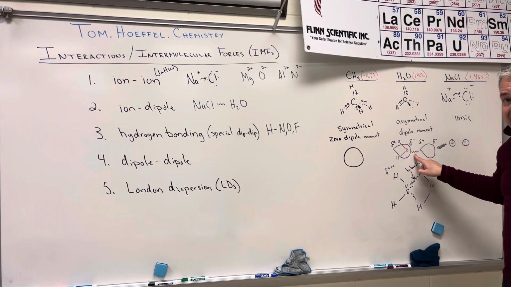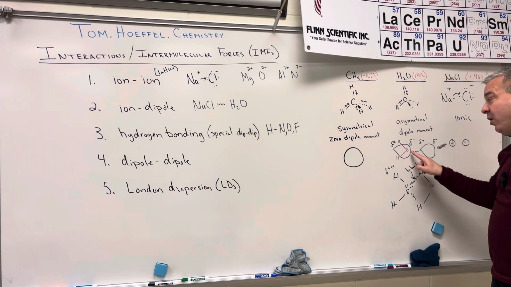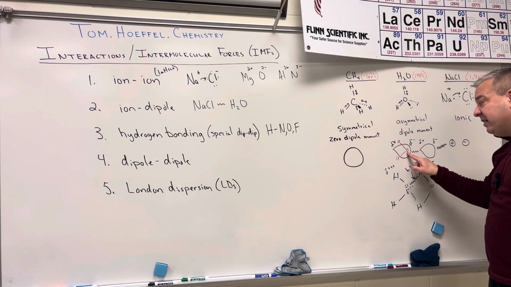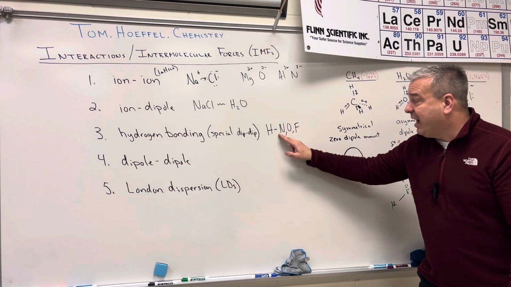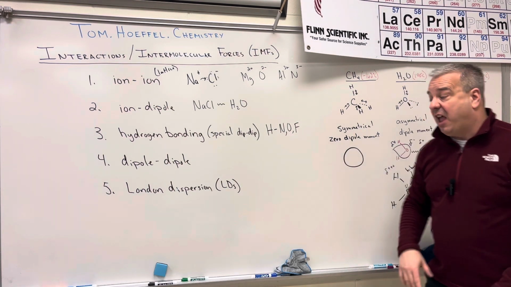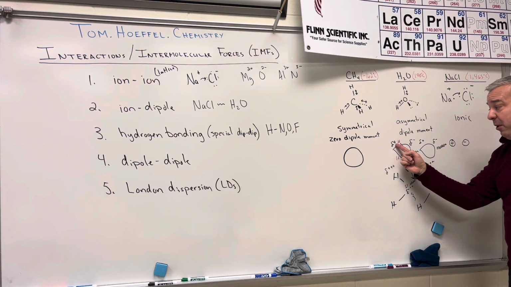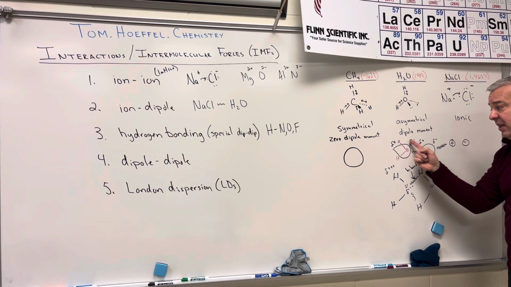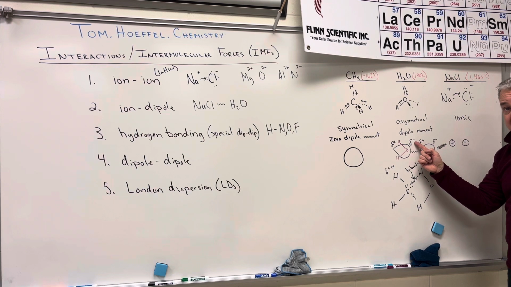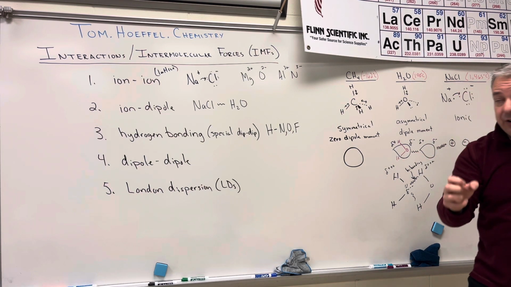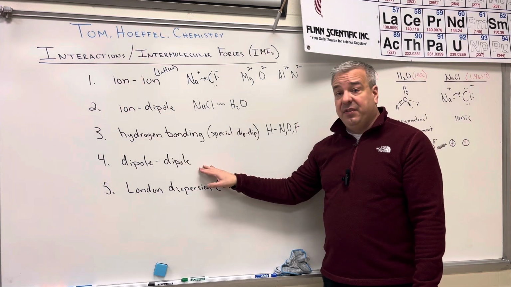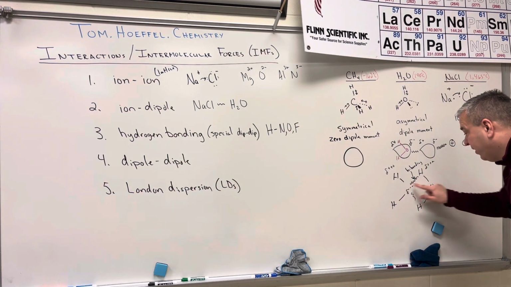And it only occurs when hydrogen is bonded to the very electronegative elements nitrogen, oxygen, and fluorine. That creates a very partially positive end of the molecule and a very partially negative side of the molecule, and that makes that interaction very, very strong, different than if these were sulfur.